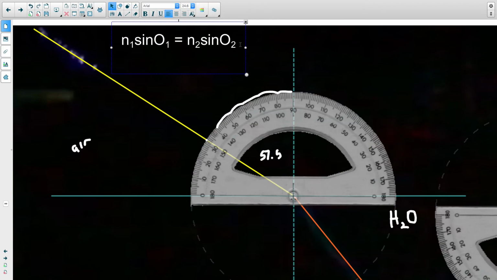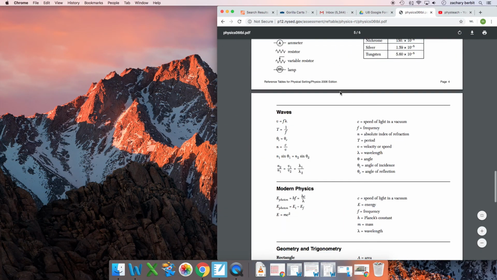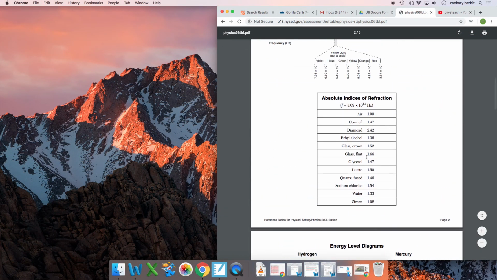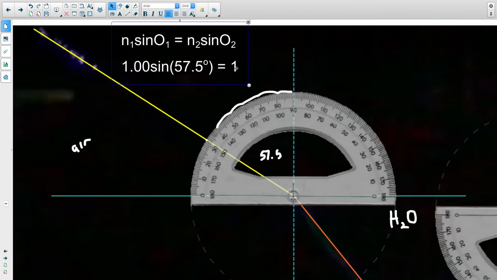Well, N1 was air, 1.00, sine 57.5 degrees equals N2 is water. And if you go look it up over here, fish tank water is 1.33. So 1.33 sine theta 2. What should theta 2 come out to?